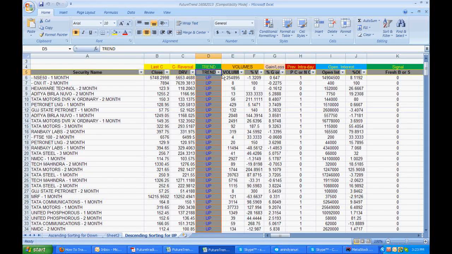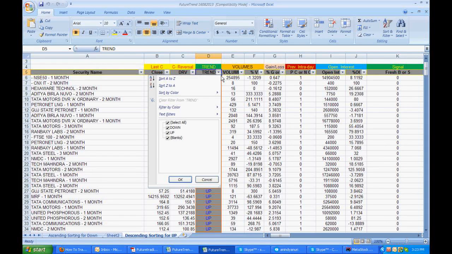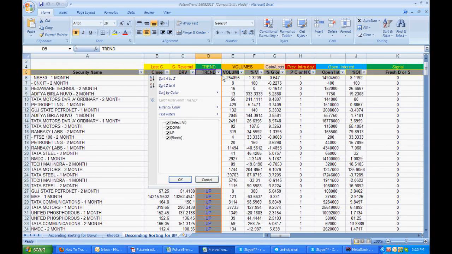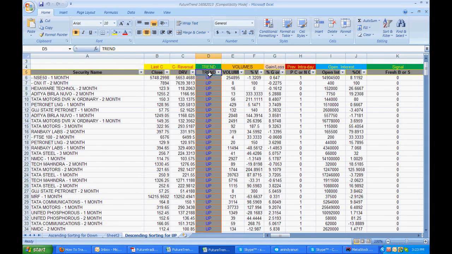Can you see the sorters? Can you see the mouse? Can you see the picture? Hello. Can you hear me? I can hear you.